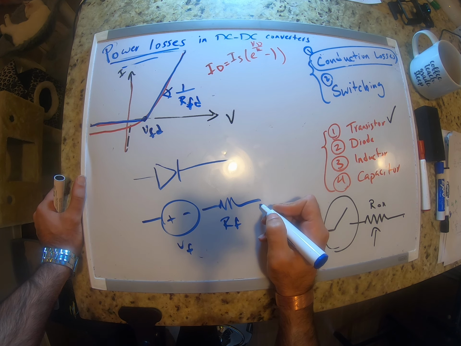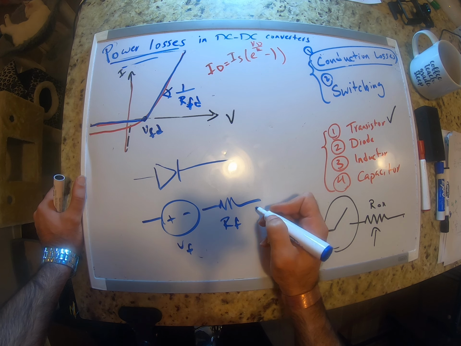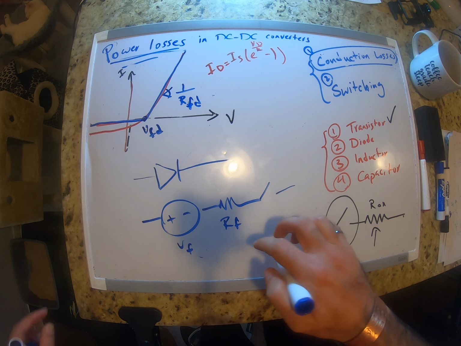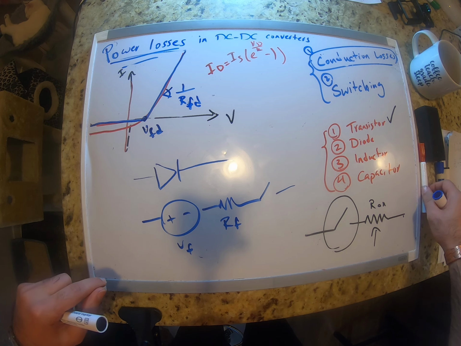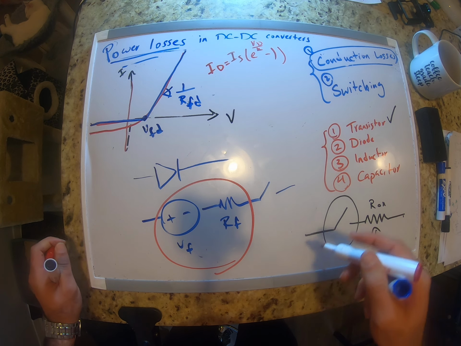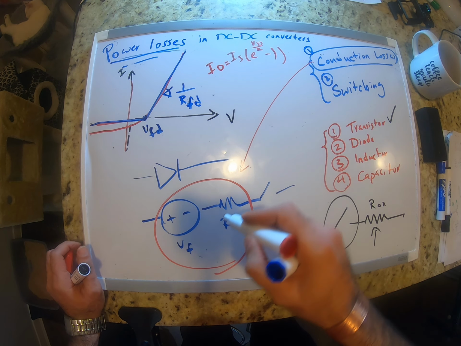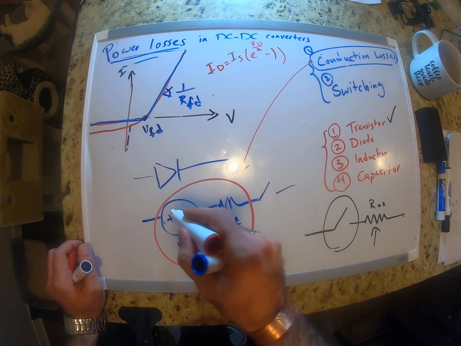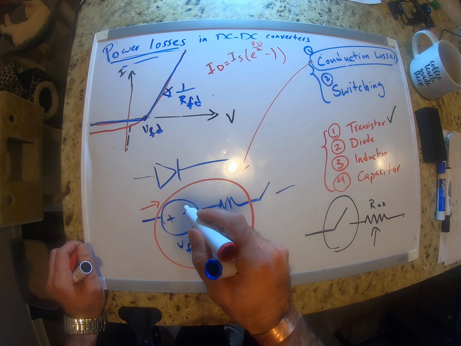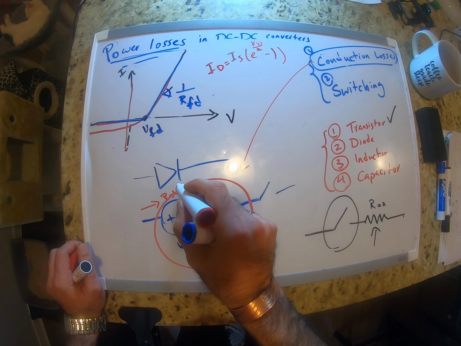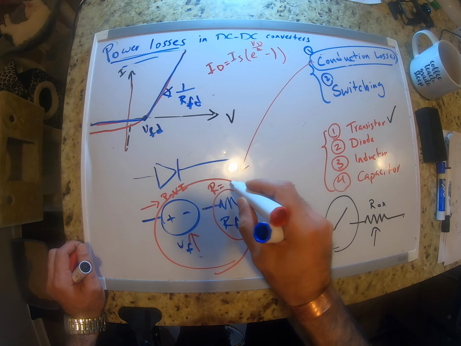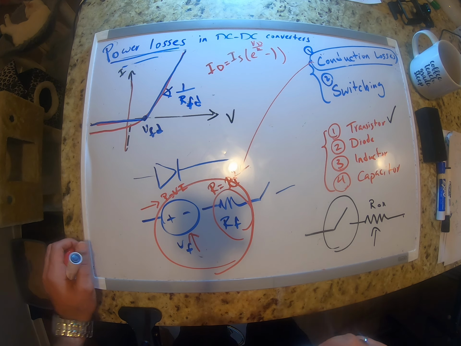And then that's it. You can also add a switch here. But the losses that we want to model for the diode have two parts. Even the conduction losses: one is due to this voltage, because when the current goes through this you have a power loss P equal to V times I, and you have another loss here which is going to be R times I squared.